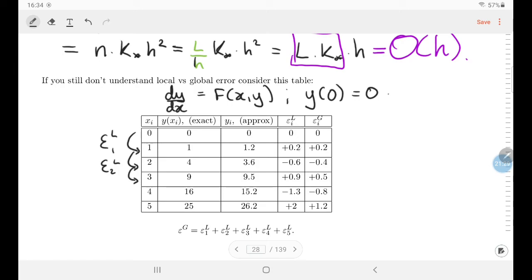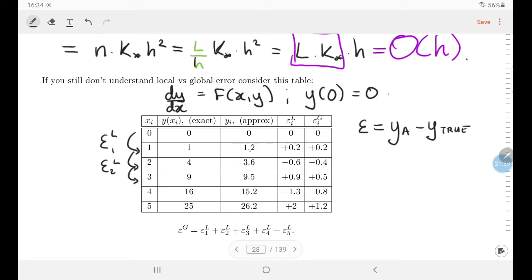So as we go here, the error, say the global error, or just the error in general, is the difference between the approximation and the true value. Now you could put an absolute value around that, but it might just confuse things. So anyway, here, look at the error. You're plus 0.2 over the exact solution. That's the local error.